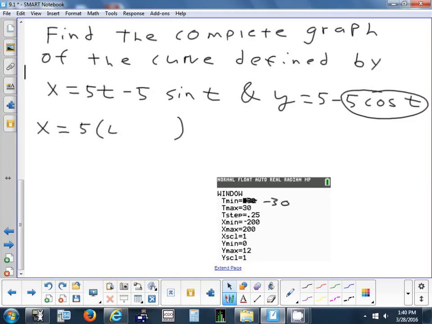T minus sine T. Okay, and what can you factor out of the y's? And what would you be left with there? Negative cosine T. Right? 1 minus cosine. Yeah. And I want you to focus on this pattern here.